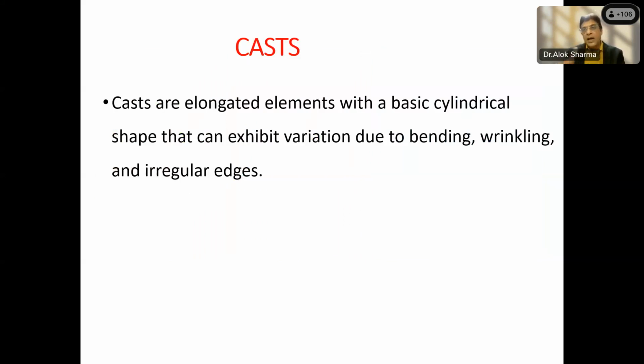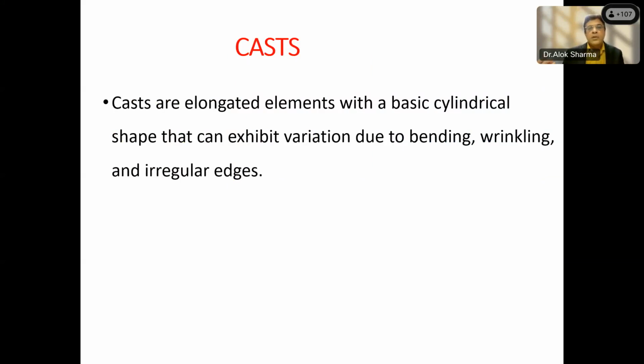Now, one of the last things here: we talked about the basic stains, we've talked about the cellular elements, and now we come to the casts. Examination of casts is a very important process when you do a urinary sediment examination. So how do you identify casts? Casts are usually elongated, so they are easy to identify.